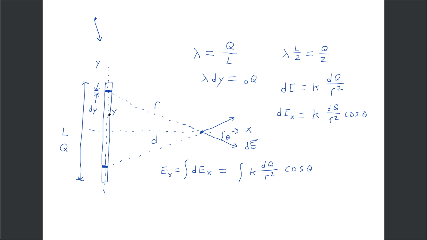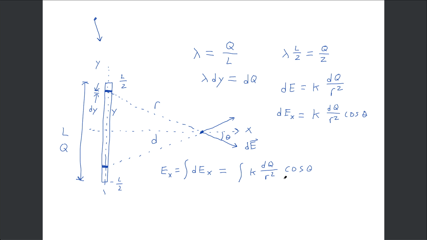If we think about the y coordinate as being something that uniquely identifies every point on the line, going from down here to up here. In fact, if we're cutting the line in half, we're going to be going from negative L over 2 at the bottom to positive L over 2 at the top. Those will be the limits of our integration if we use y as our variable of integration.